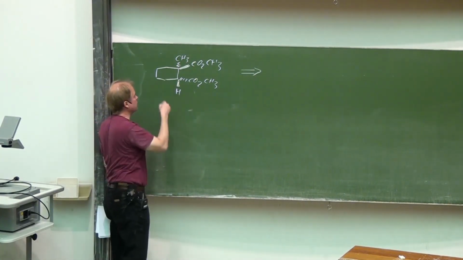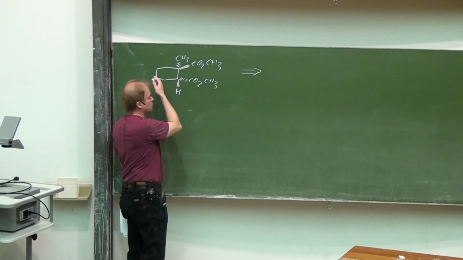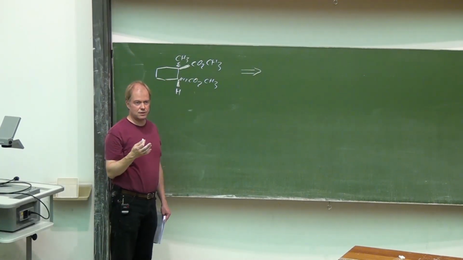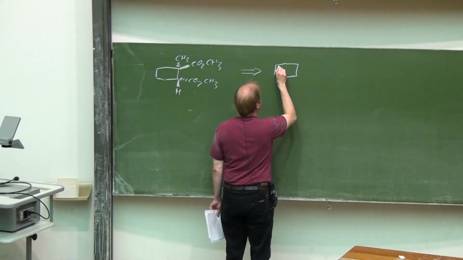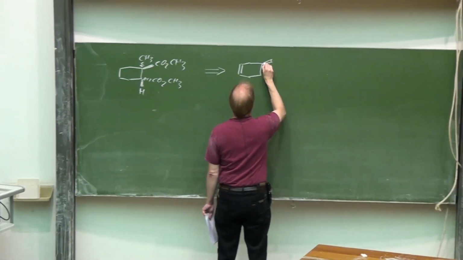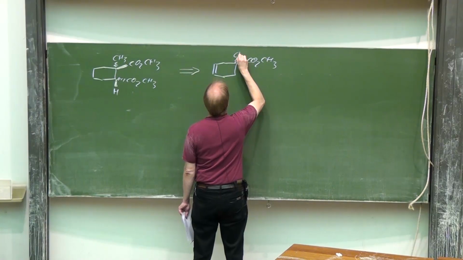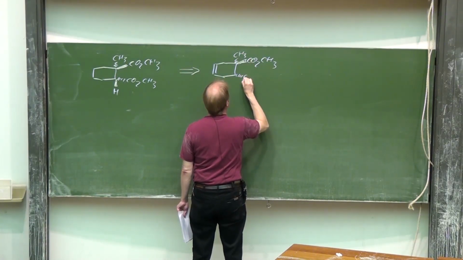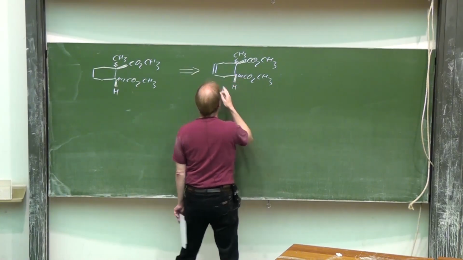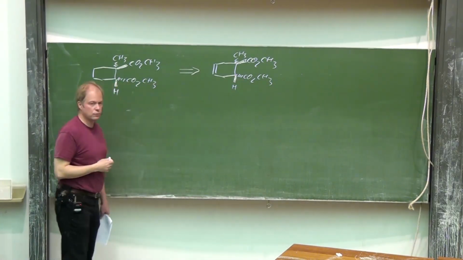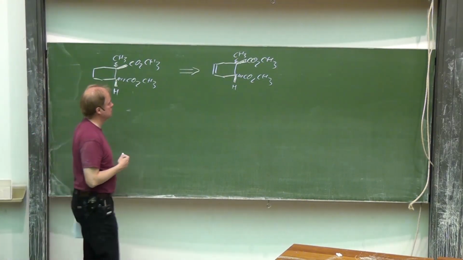So we have the cyclohexane, we need the retron, so let's introduce a double bond at the right position. For instance, here. Then we have the retron of a Diels-Alder reaction.